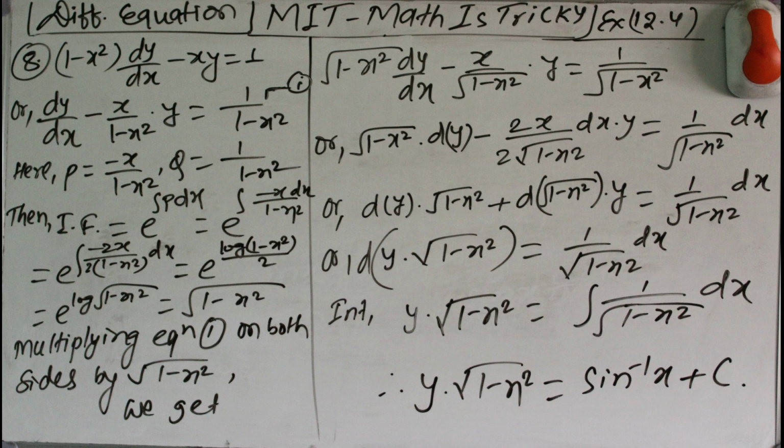And the right hand side is simply 1 by square root of 1 minus x squared into dx.